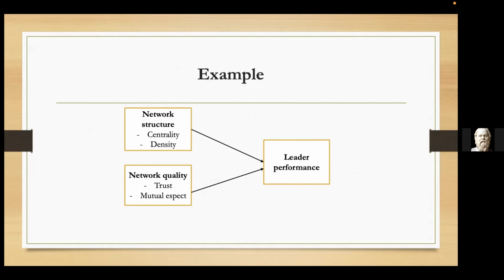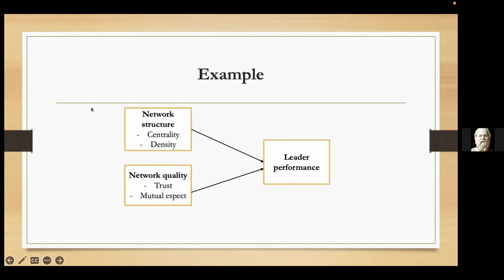Now, note here that the two theories talk about how a leader gains influence based on how she or he relates with people in the organization. So the two theories seem different, but they are actually speaking the same language.